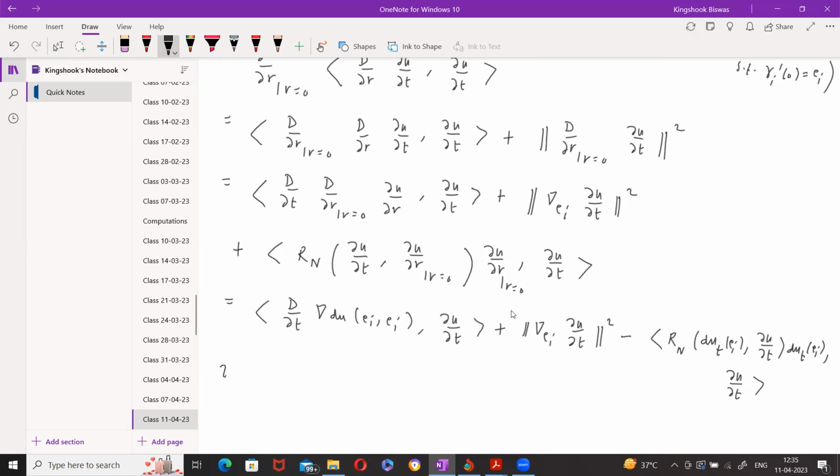So thus, when I take the sum, I'll get the Laplacian of half norm del u del t whole square is equal to, so here when I take the sum of the second fundamental form, I'll get the trace of the second fundamental form, which is the tension field. So that will give me this term which I want, d del t of tau u_t, inner product del u_t del t, plus I'll get the sum over i of nabla e_i of del u del t whole square.